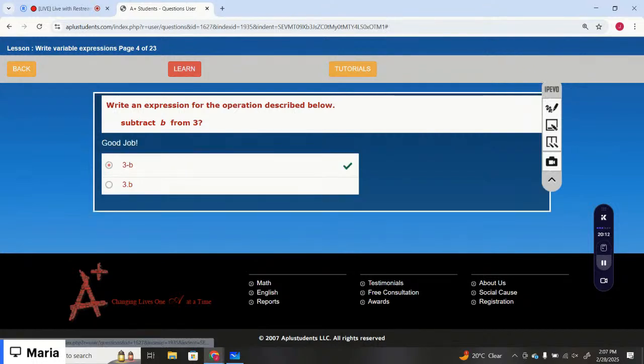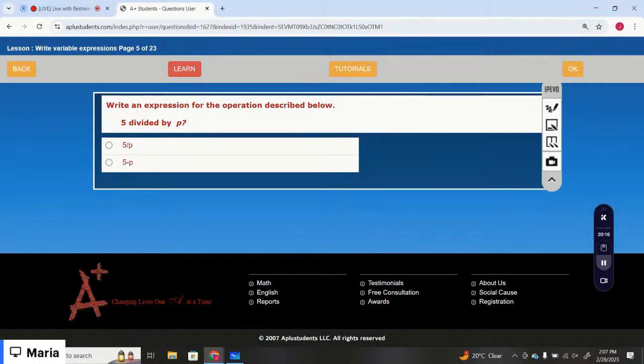Option number 1 is the correct option. Write an expression for the operation described below. 5 divided by b.